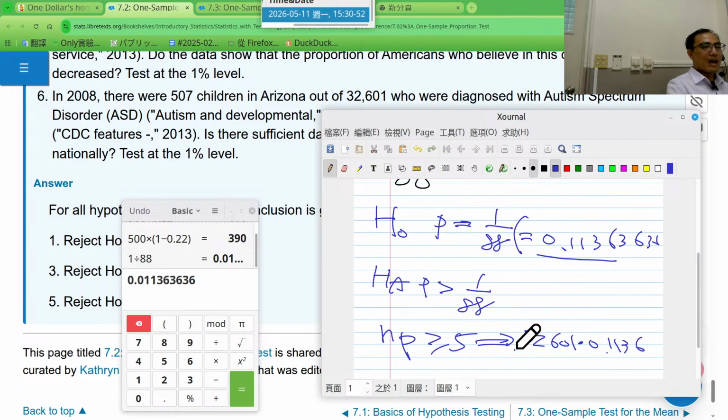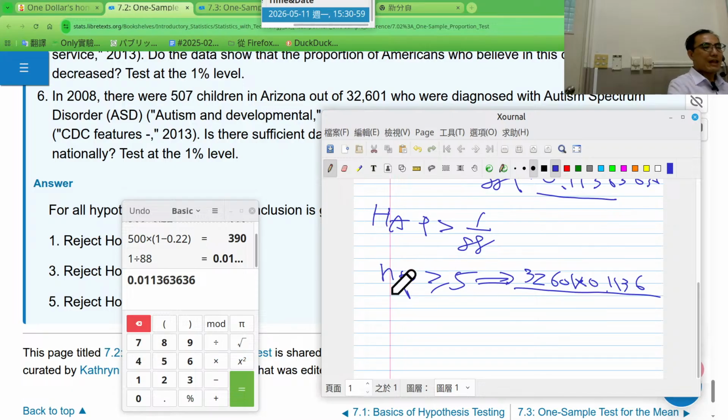From the calculation, we don't need to calculate; it must be greater than 5. How about the other, N times Q? It should also be greater than 5.